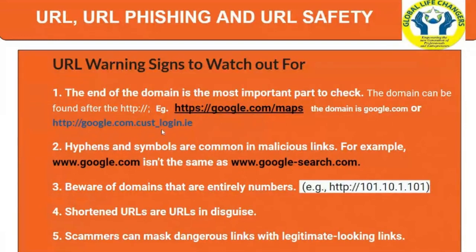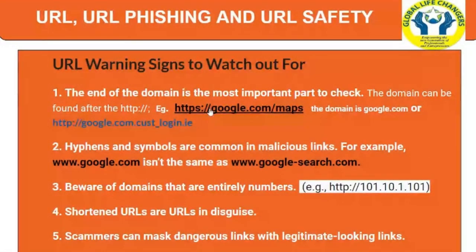So looking at these two examples, you can see why a user might think they are linking to a Google site as opposed to a malicious site. That is why it is important to check the space between the HTTP colon forward slash and then the first forward slash, which is this one.